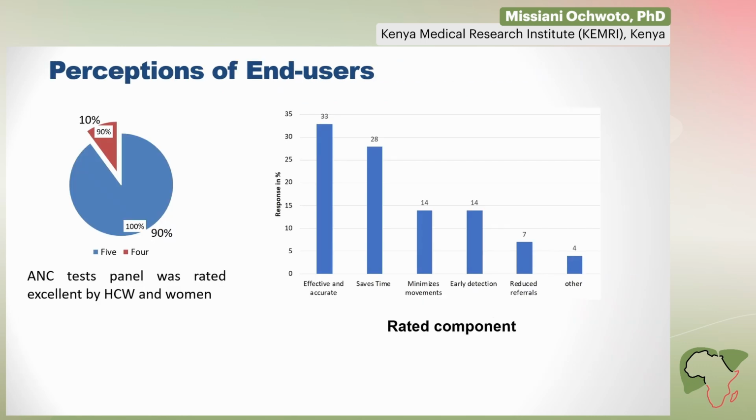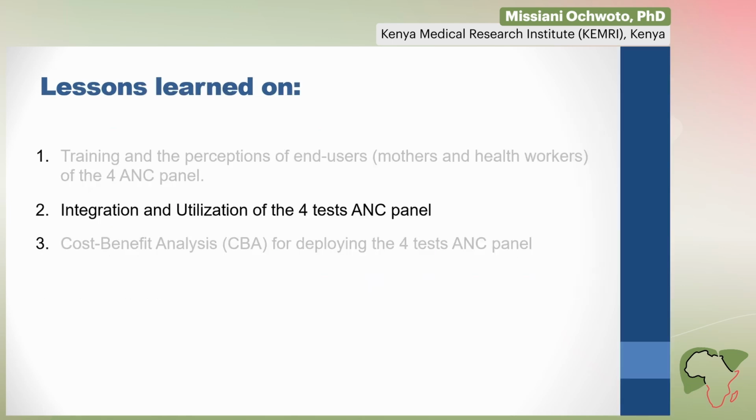They had a very good perception. All of them rated it 100%. That is excellent. The components they rated included that the kit was accurate and effective, it saved time, and it minimized movement. Those are the highly rated components.